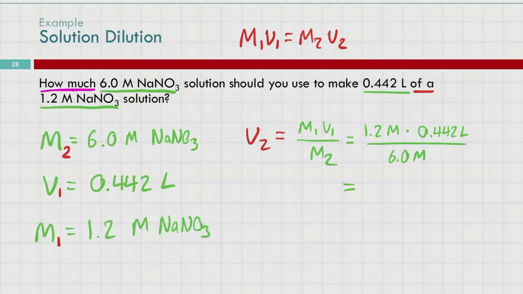So the amount of solution that we should start with to dilute this up to 0.442 liters is 1.2 times 0.442 divided by 6. We would be using 0.0884. We'd round it for 2 sig figs, 0.088 liters of 6.0 molar sodium nitrate.